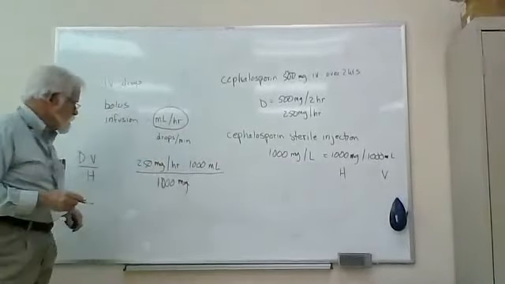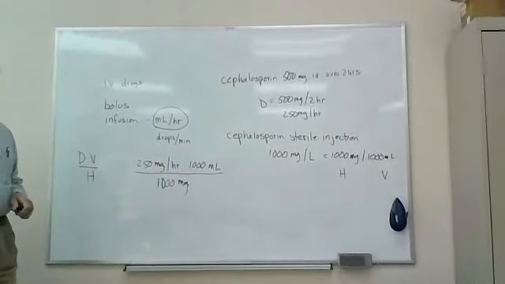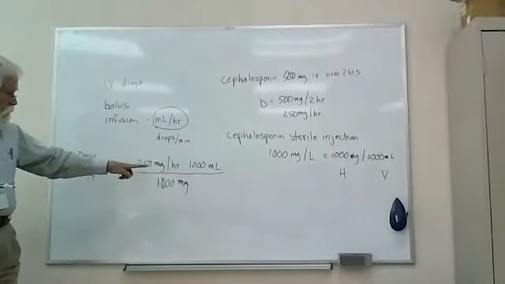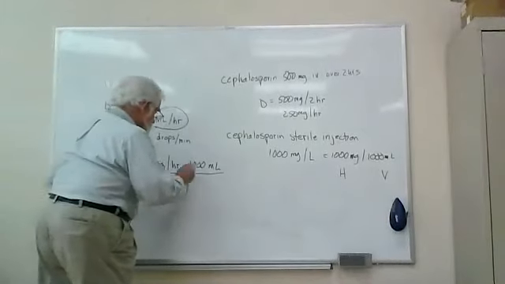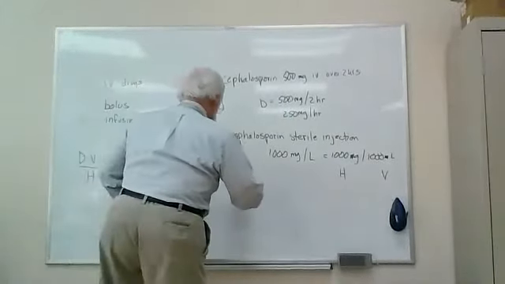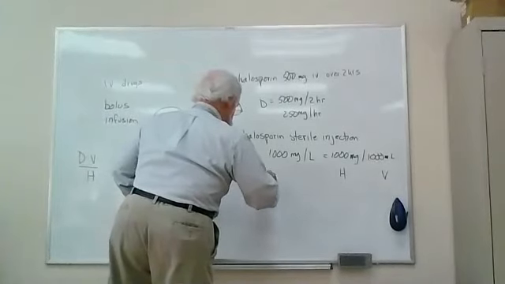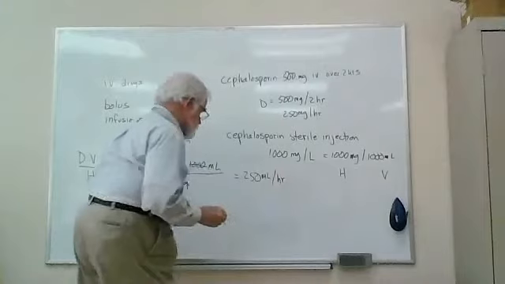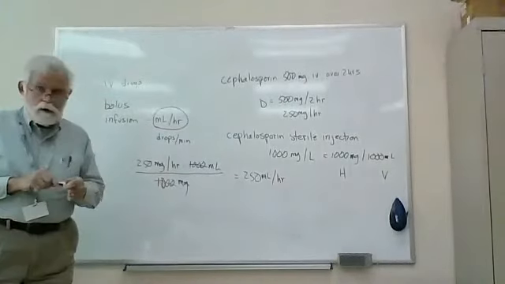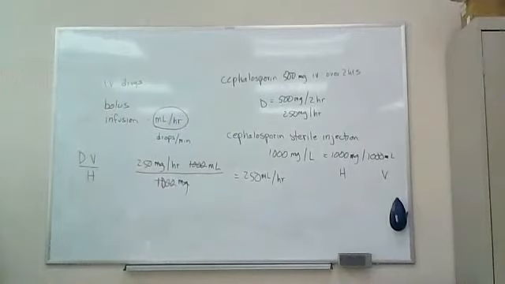Note that the number of milligrams cancel, 1,000 cancels, and our answer is 250 milliliters per hour. Okay. So when we prepare this drug for a patient, we send it up to the ward with instructions to infuse at 250 milliliters per hour, 2 hours.